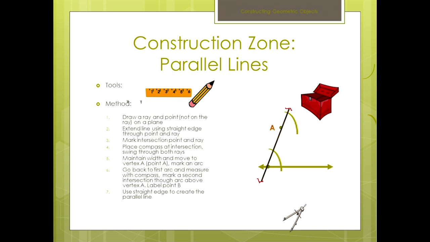You're going to go back to the first arc and we're going to measure this. From here to here. So I'm extending out the compass. And I want to make sure, you have to be very exact here. I want to make sure this arc is going to be the same measurement as the one above.